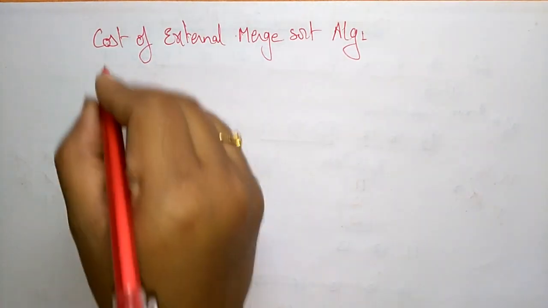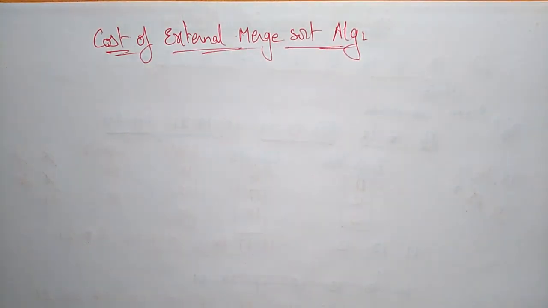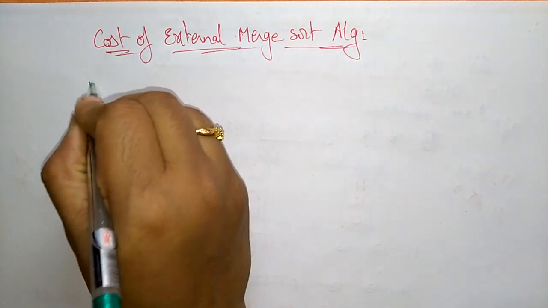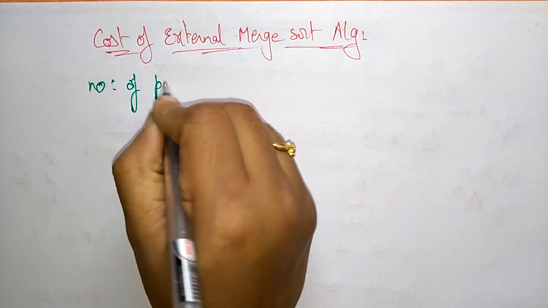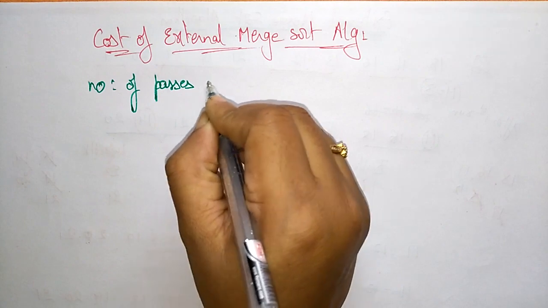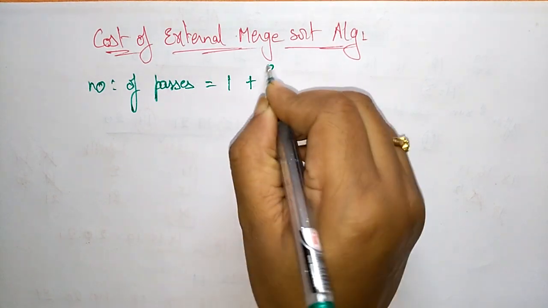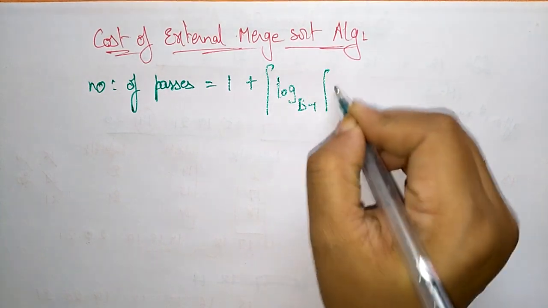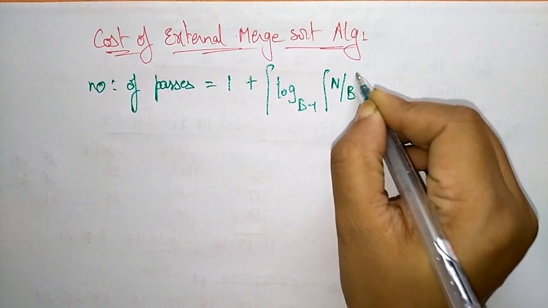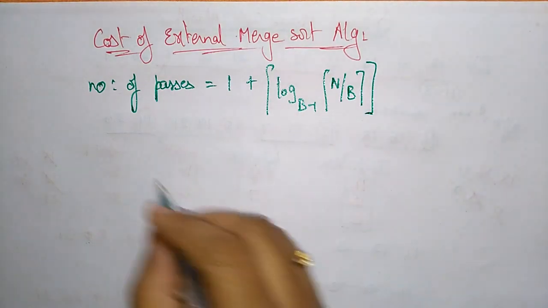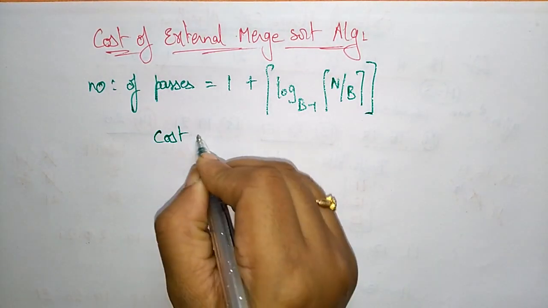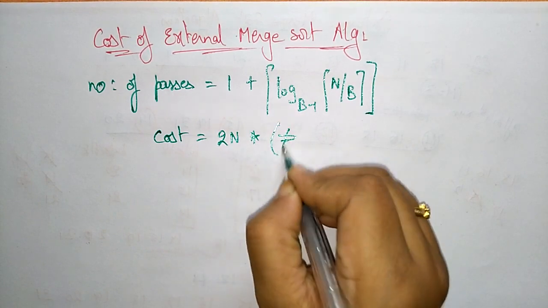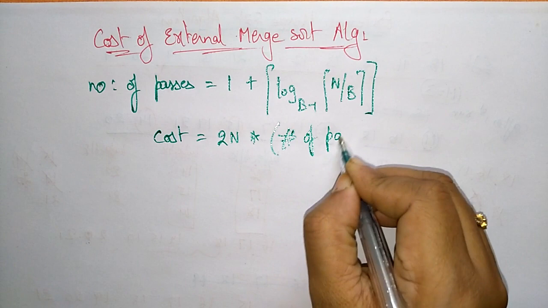So actually the formula for external merge sort is, first, number of passes is equal to 1 plus ceil of log base B minus 1 of ceil of N by B. And the cost is equal to 2N times number of passes.